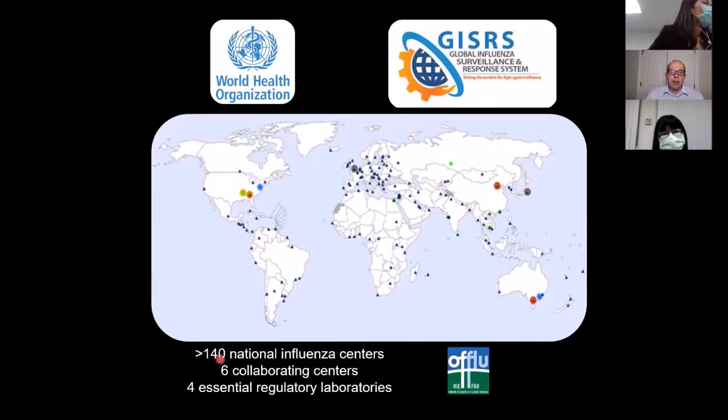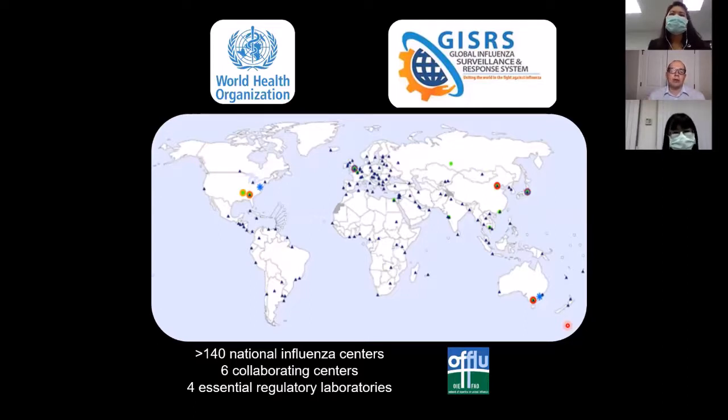There are 6 collaborating centers in this network. So the lab that I am at, St. Jude in Memphis, Tennessee, is one of these collaborating centers, and then there are 4 central regulatory laboratories. And the primary purpose of this network is to monitor influenza viruses during the respective flu seasons in these countries, characterize those viruses, and then bring all that information together twice a year to make recommendations for influenza vaccine composition.